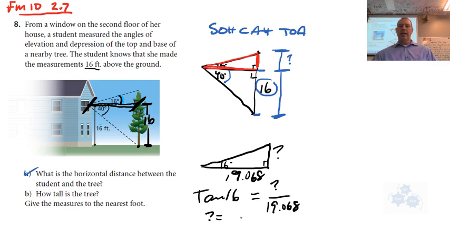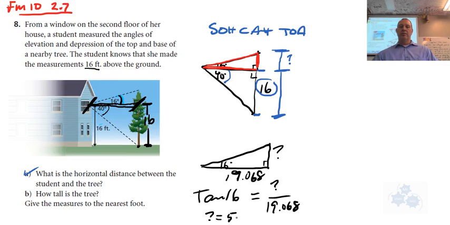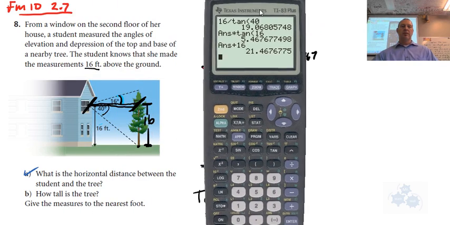And so our unknown side length is going to be 5.467. Did you get that for a number? So this is 5.467, and we'll add that to 16, which gives us 21.467, or if it's to the nearest, what does it say?